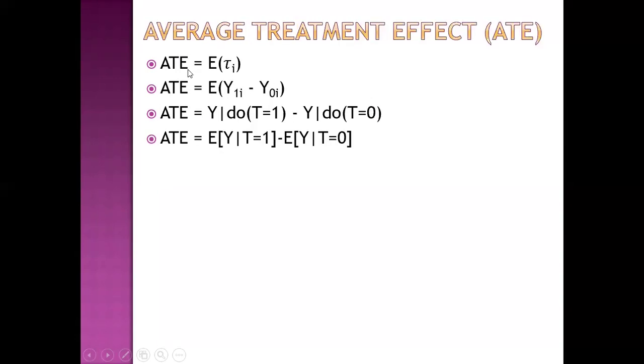Average treatment effect is the expectation of the effect of each unit, and hence average treatment effect is equal to the expectation of the outcome variable of unit I which has received treatment minus the outcome variable of unit I which has not received treatment. And it can be written as this.